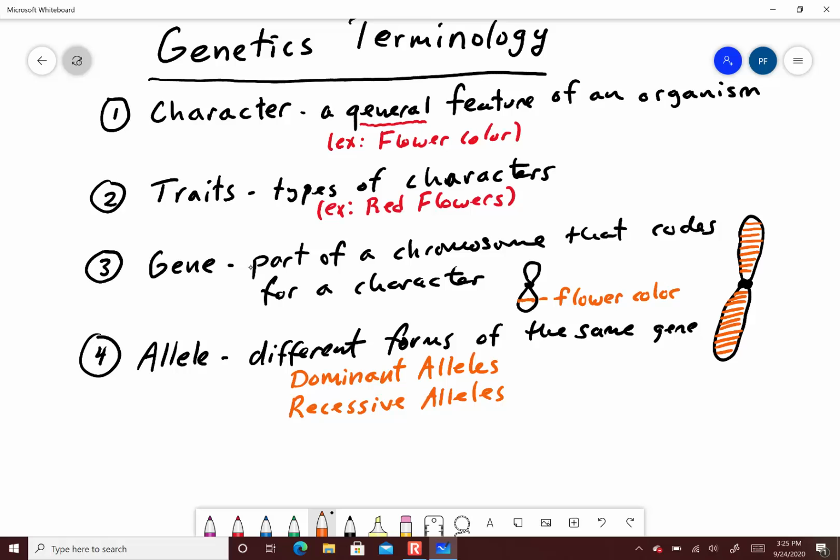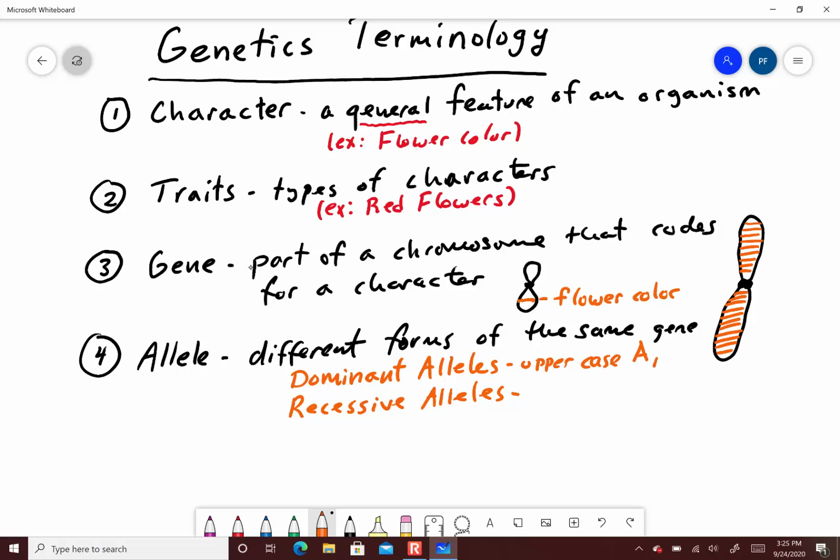Dominant and recessive were terms that Gregor Mendel used when he was doing his experiments. It's just a way of expressing what kind of gene, what kind of allele, we have present. Then I do want to tell you two other things with this. One is we will always represent dominant alleles with letters that are uppercase.